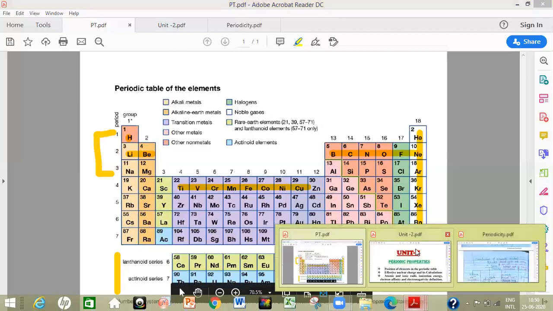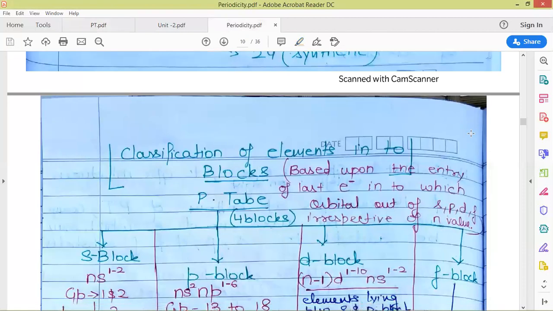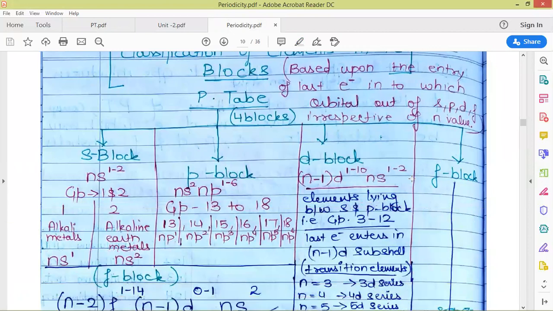The outer electronic configuration has been written here for the s block elements. So it consists of two groups, group 1 and group 2.